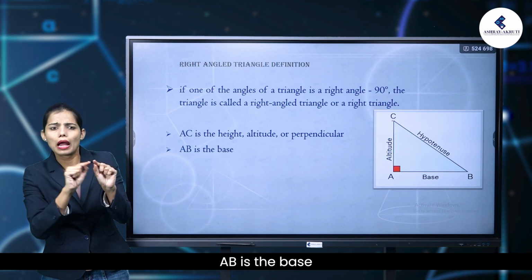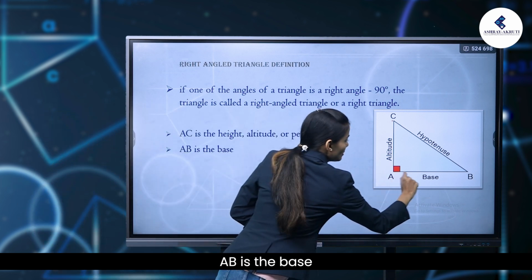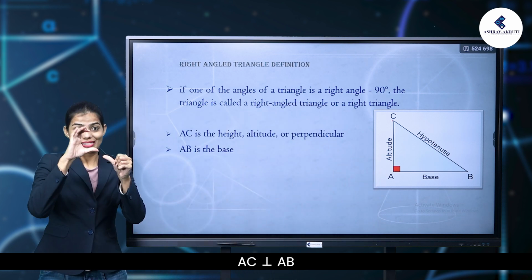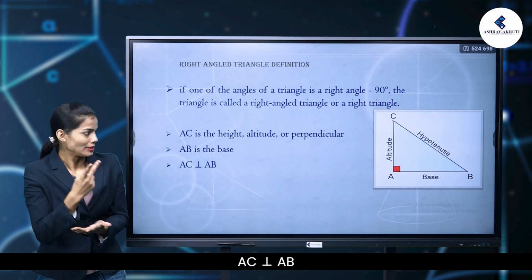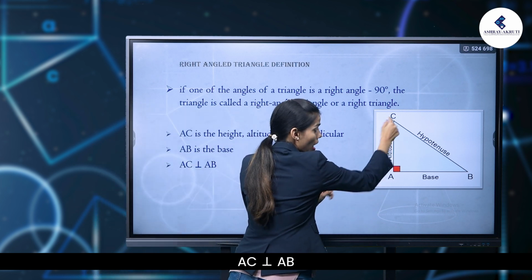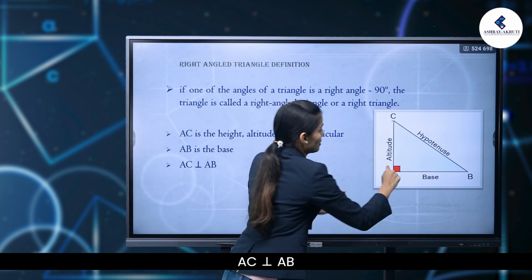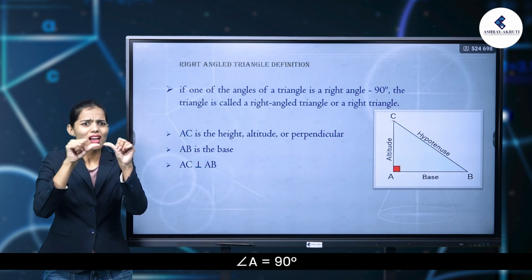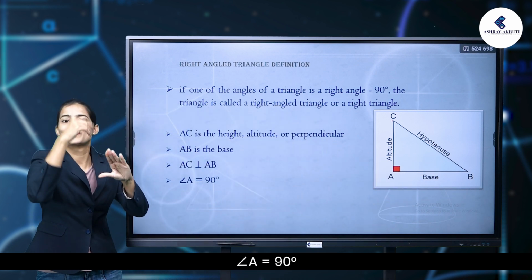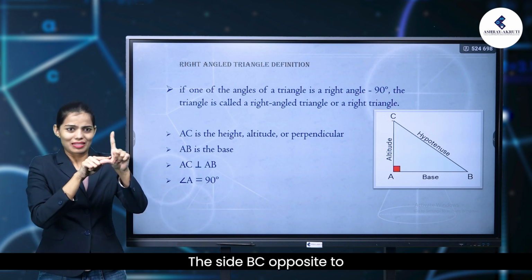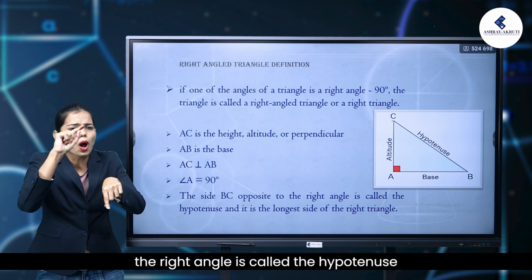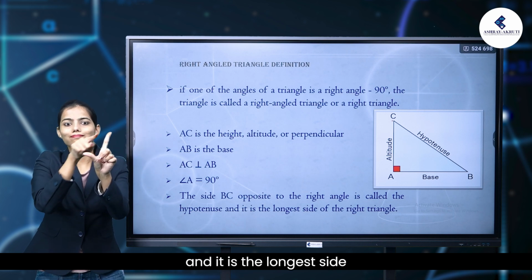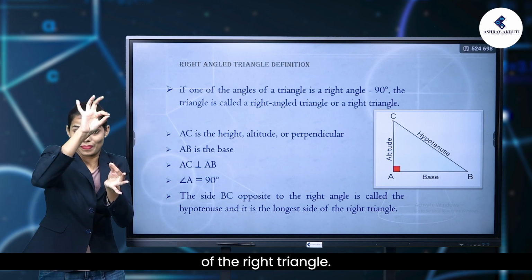AB is the base. AC is perpendicular to AB. Angle A is equal to 90 degree. The side BC opposite to the right angle is called the hypotenuse, and it is the longest side of the right triangle.